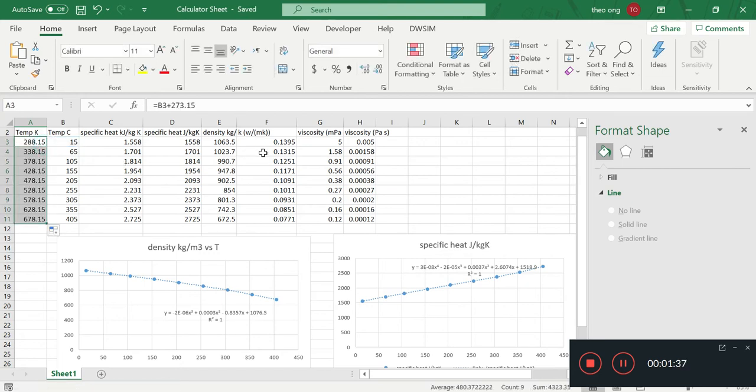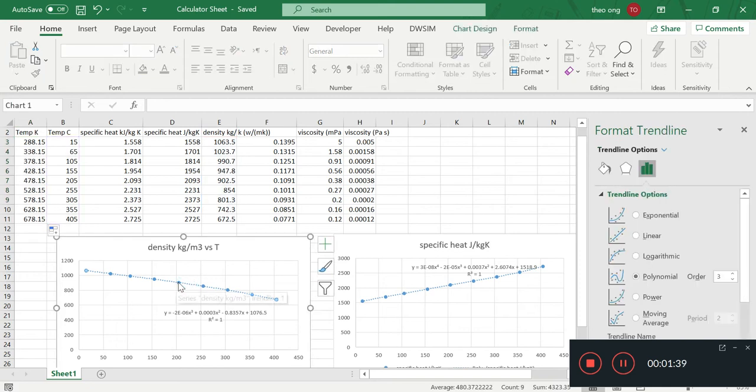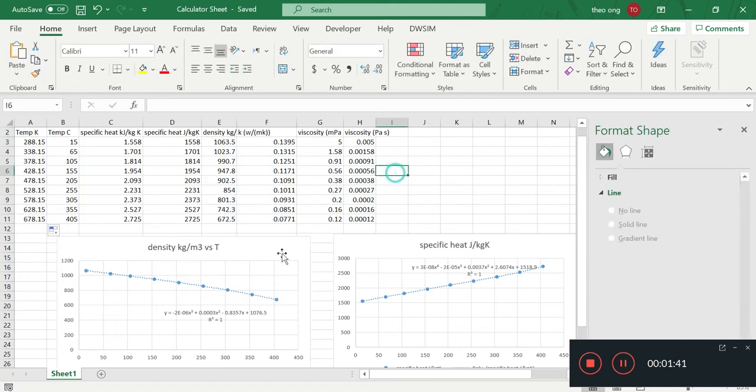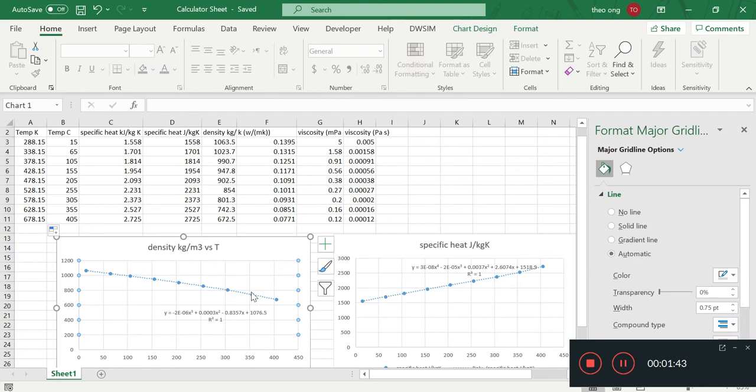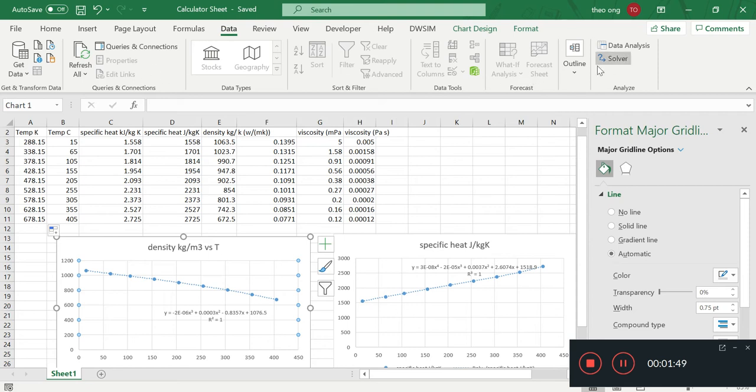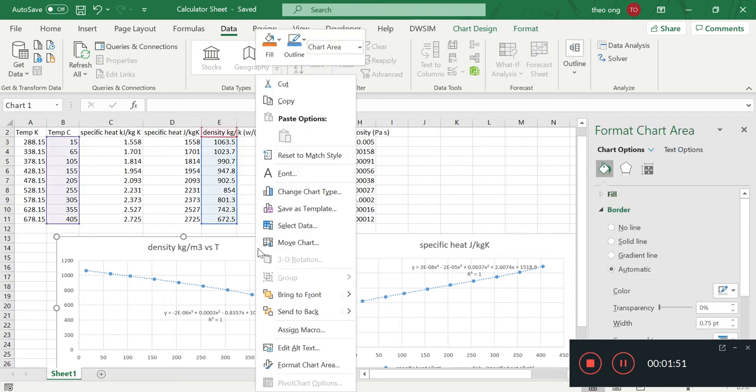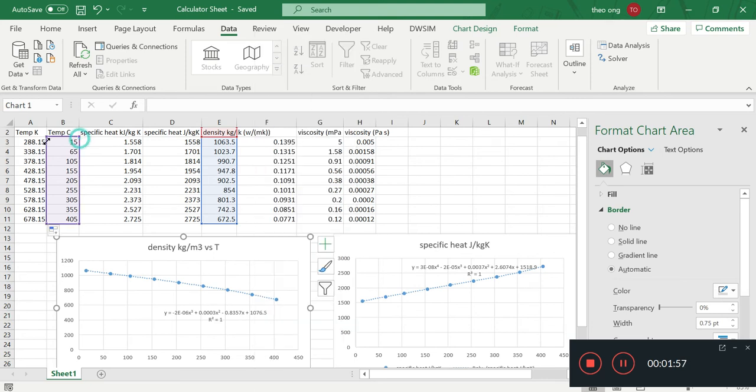This is close enough. Then we go to data, format, and I'll shift this temperature from degrees C to Kelvin.